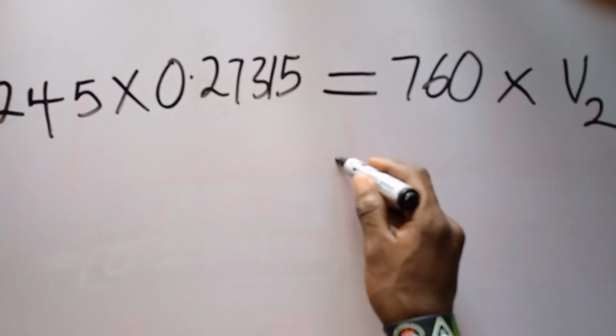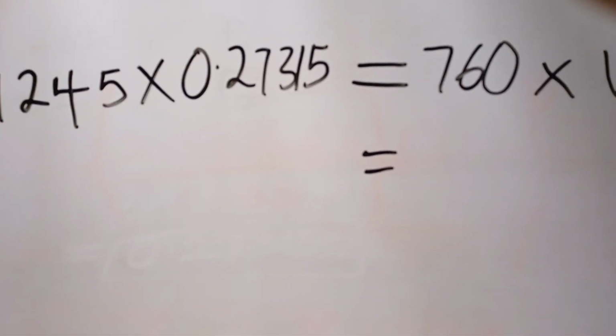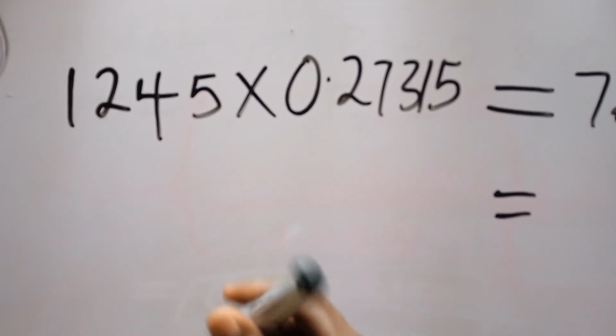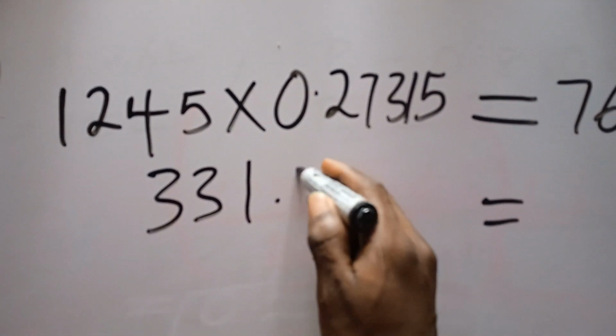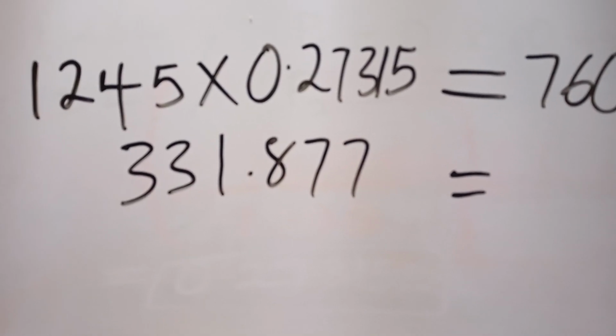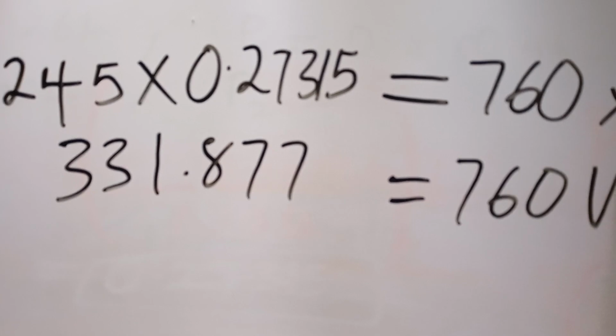When you punch that, this will give us 331.877 equals 760 V2.